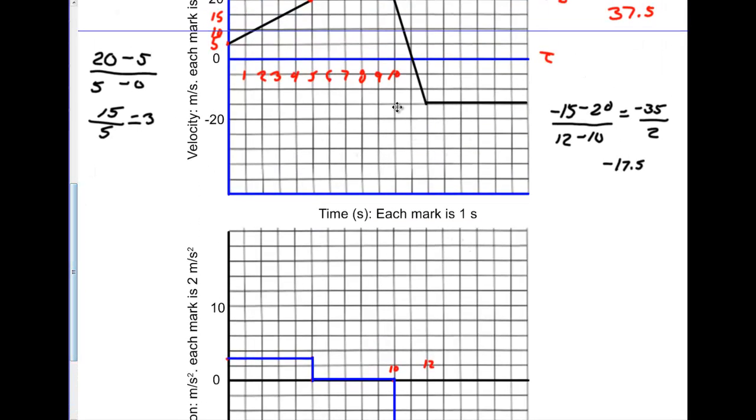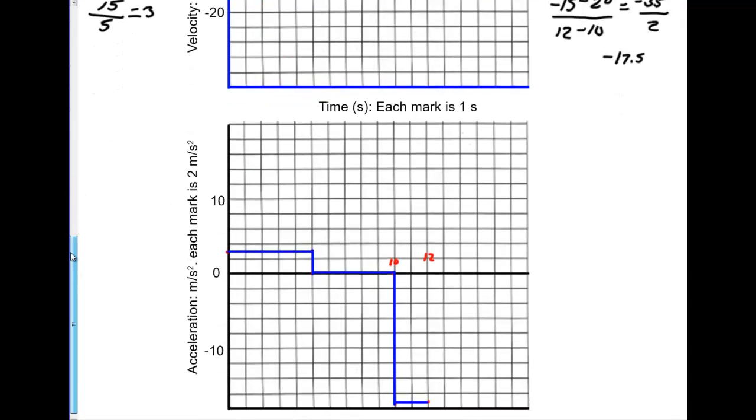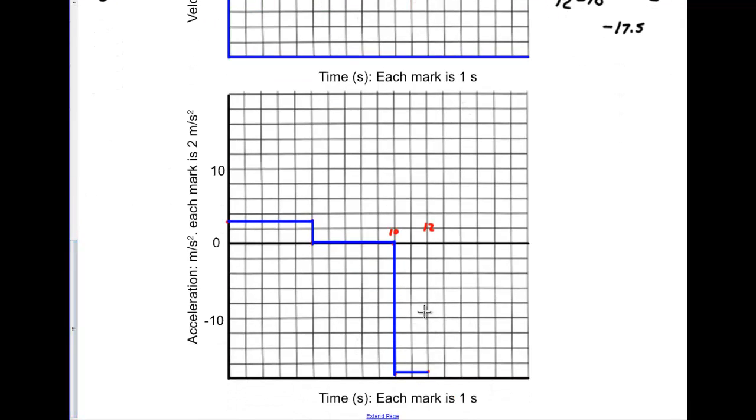We go back here and we say, now what is the slope of my velocity versus time graph between 12 seconds and the end of this time interval? It's going to be 0 because my slope is horizontal. So all that means is my graph here has got to return back.